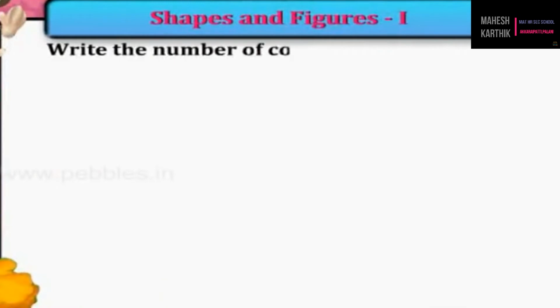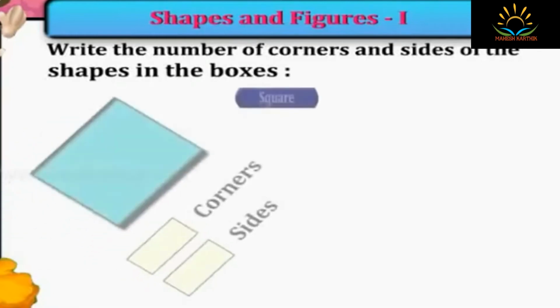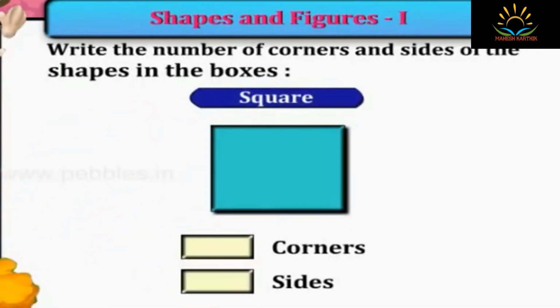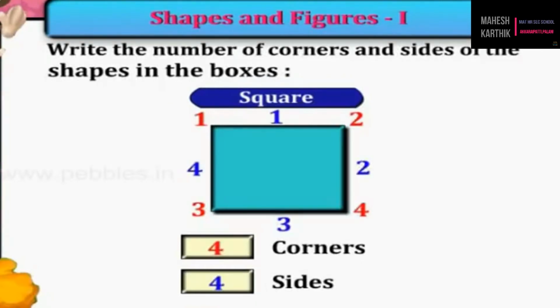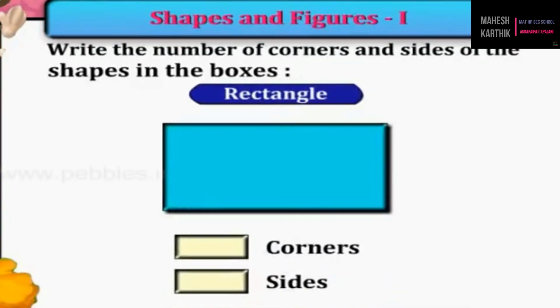Write the number of corners and sides of the shapes in the boxes. This is a square. It has 4 corners and 4 sides. This is a rectangle.